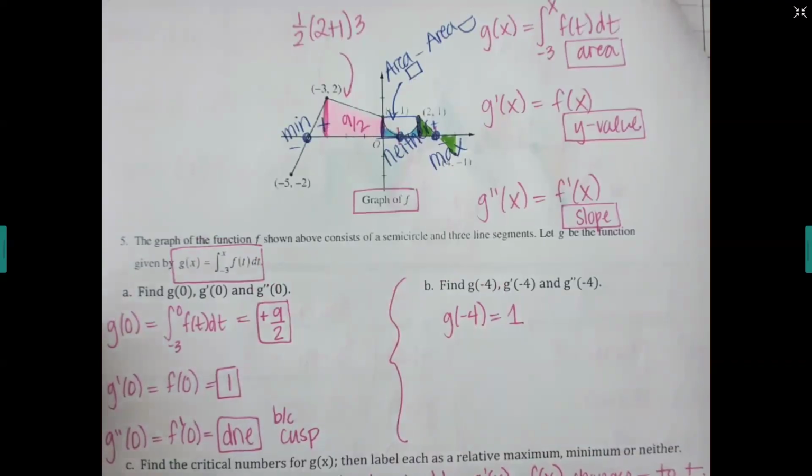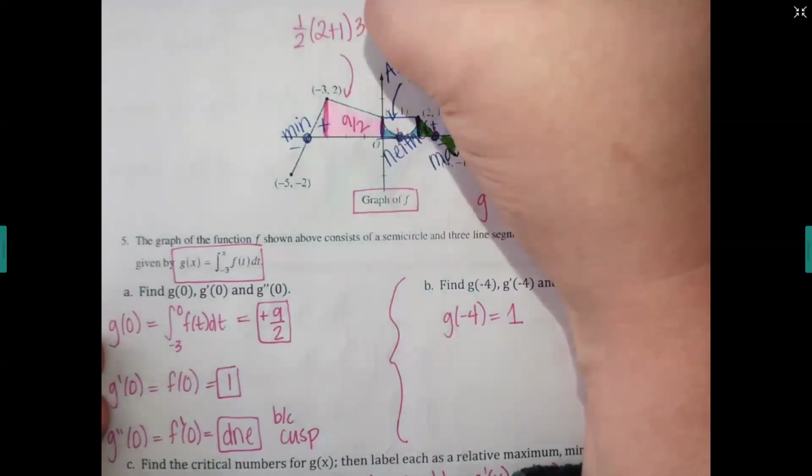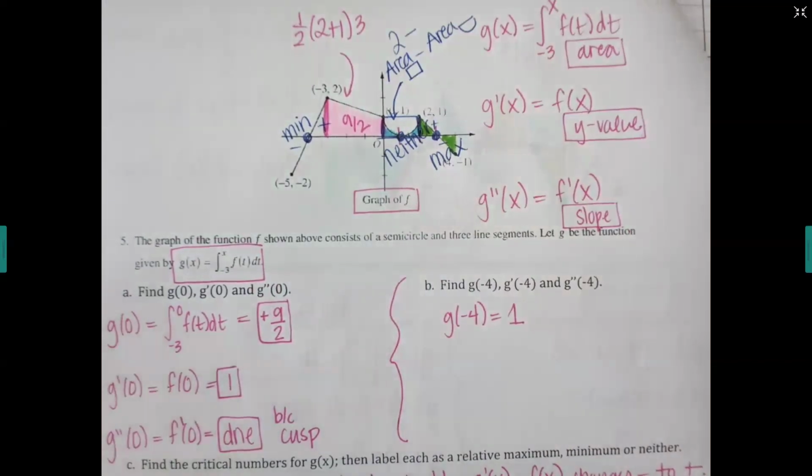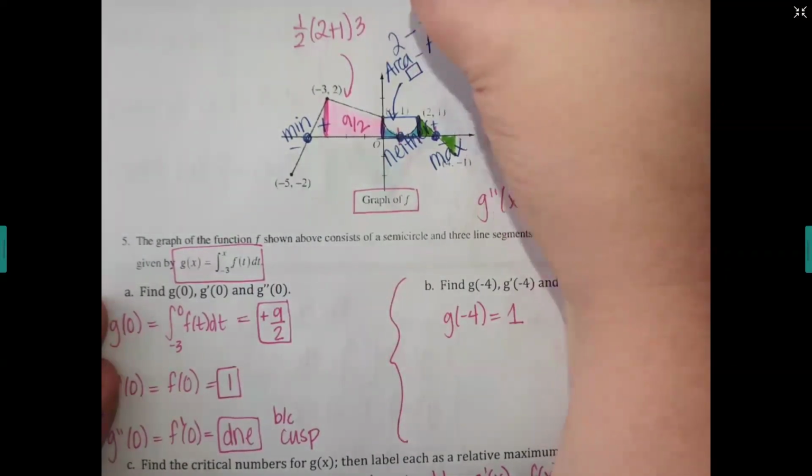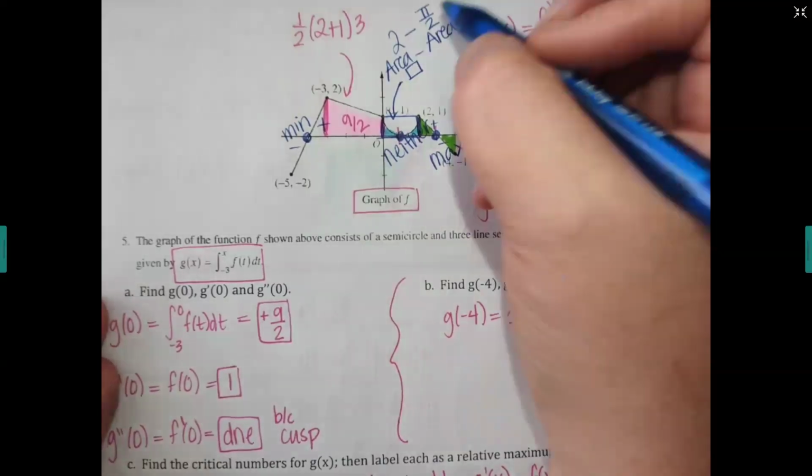So we already said that our area of our rectangle is 2, because base times height is 2 times 1 is 2. And then how long is our radius for this semicircle? 1. So it'd be pi times 1 squared, which is 1 pi, and then cut in half. So it'd be pi halves.